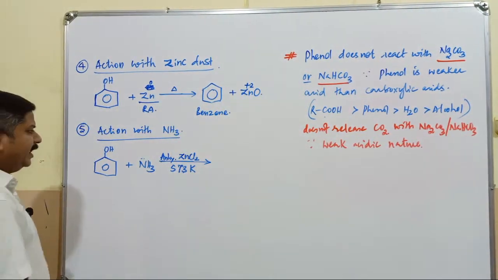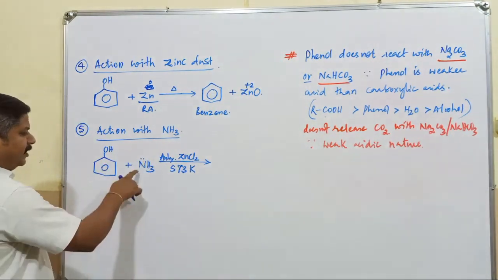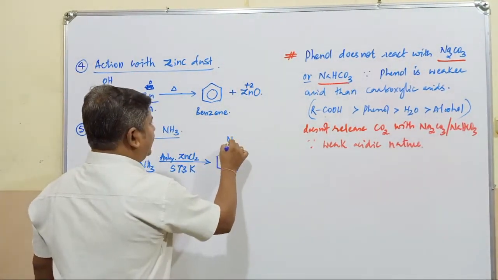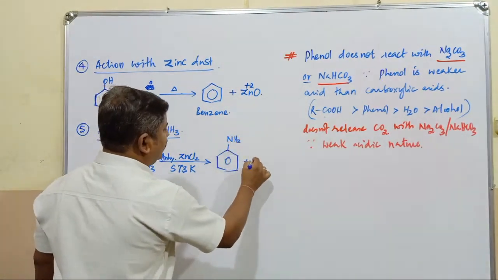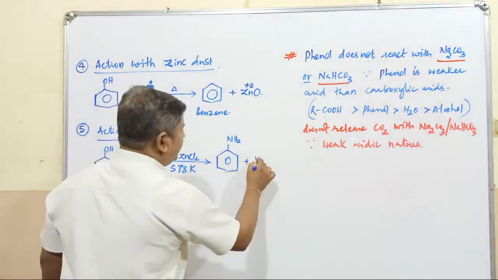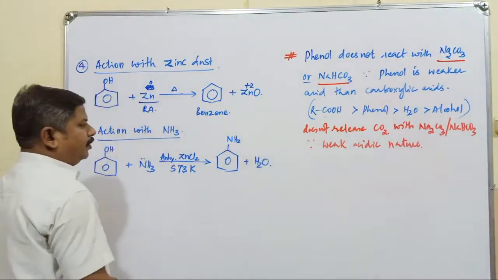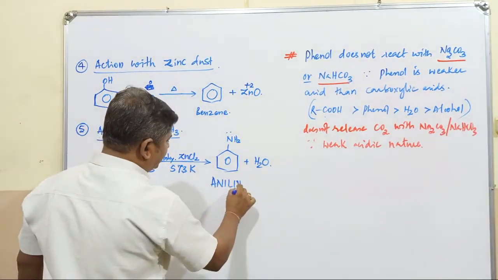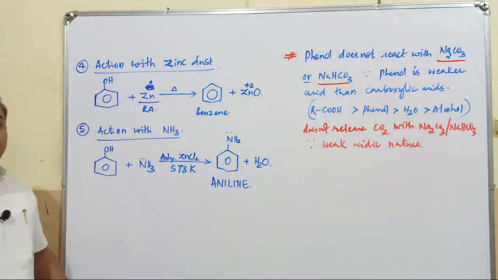What is the possibility here? Since NH3 is basic in nature, it attacks the OH, so the compound is produced, and the remaining product is H2O. What is the name of this compound? It is commonly known as aniline.